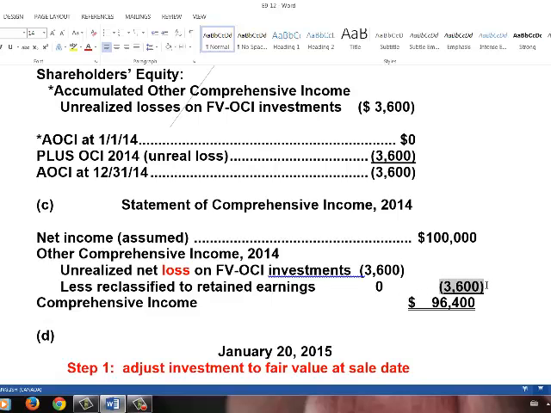So I've got negative 3,600, or a net unrealized loss, which I'm going to add to $100,000. So I'm going to get comprehensive income of $96,400. That's your $100,000 plus a negative 3,600, because it's an unrealized loss, and that gives you 96,400.